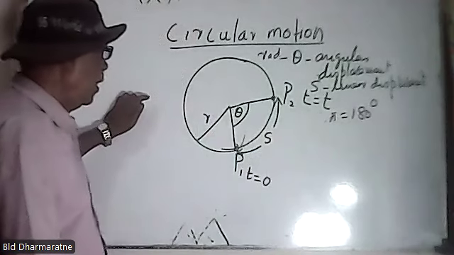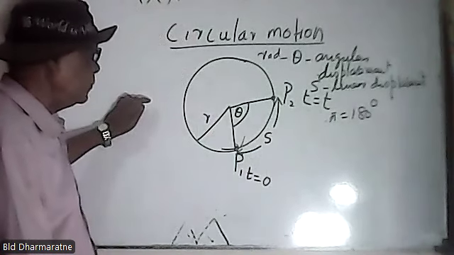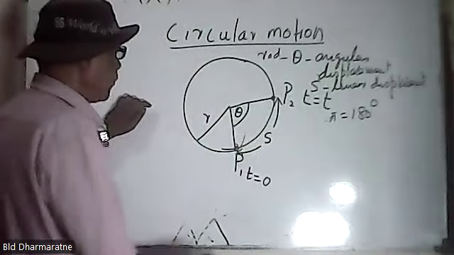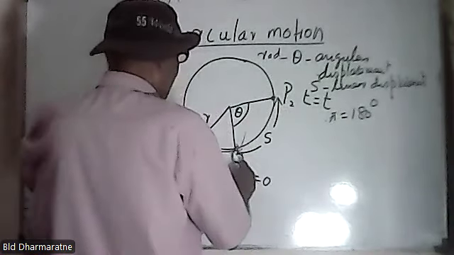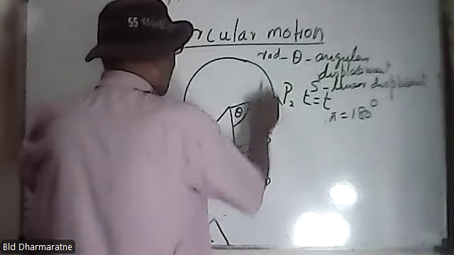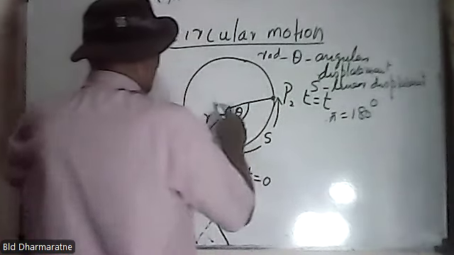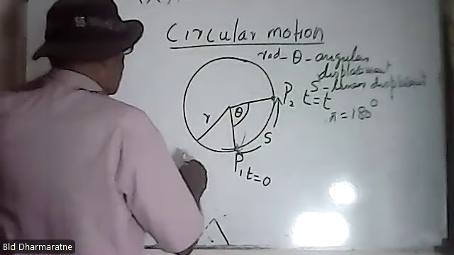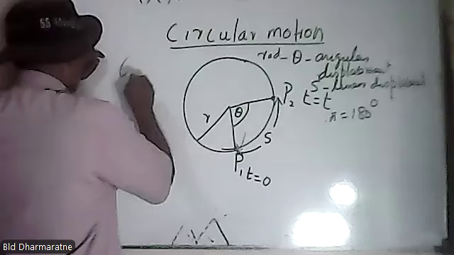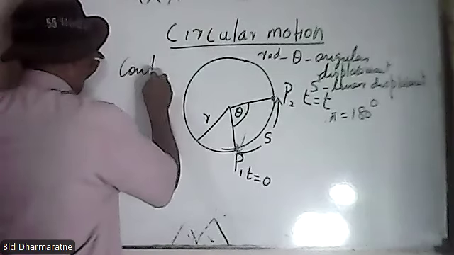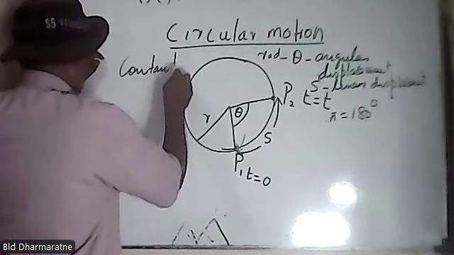Now you know this, the speed. This is normally going at constant velocity, traveling angularly at constant velocity.